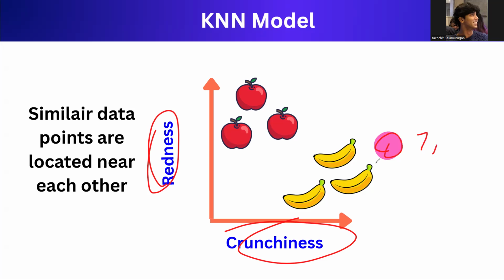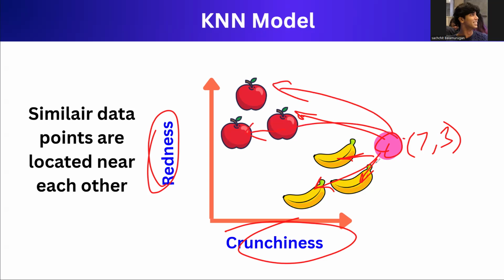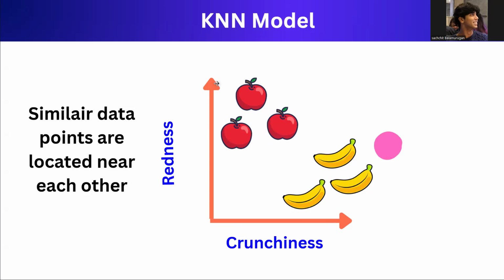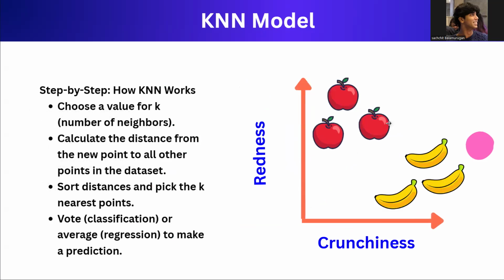Let's just say that's 7, 3 or something like that, right? 7, 3. And it's just going to be calculating how close it is to all of the data here. I'm going to go more into that later in this class. So far, does anyone have any questions on what a KNN is? No? Okay.